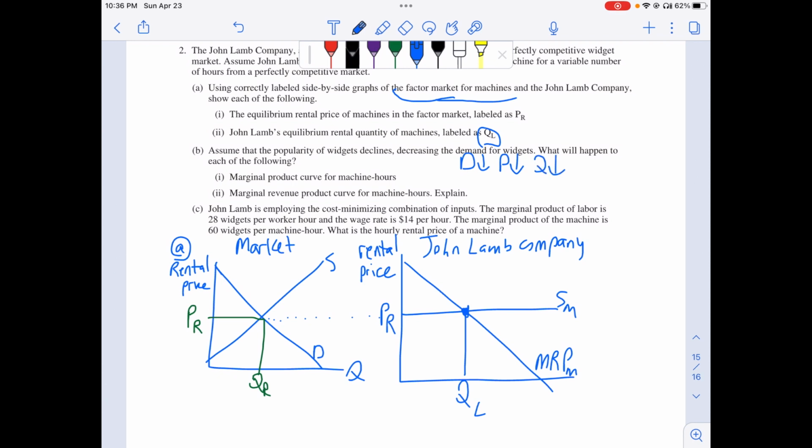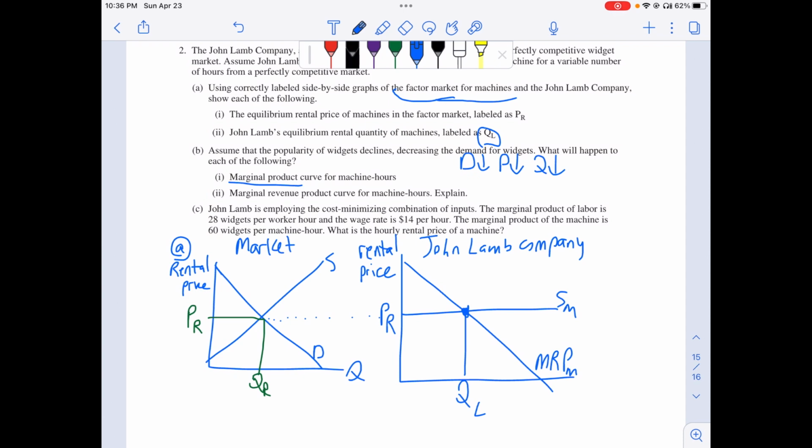Did we mention anything about the productivity of the machines? Did the machines have some sort of technology that's going to change the productivity? Was there some sort of problem with the machines that decreased the productivity?